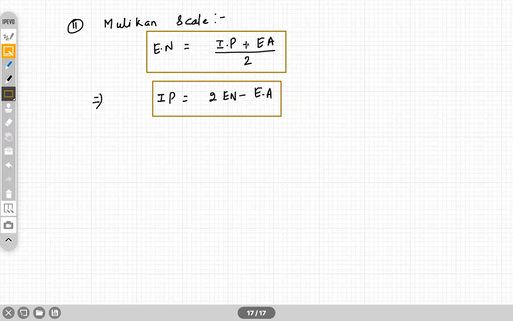Now the application of electronegativity, this is important, write down.